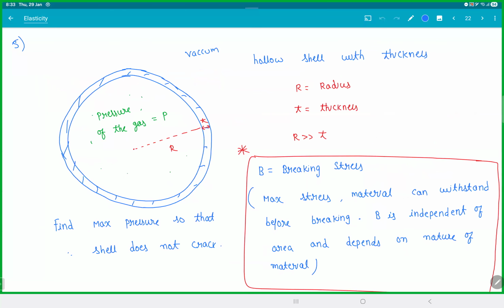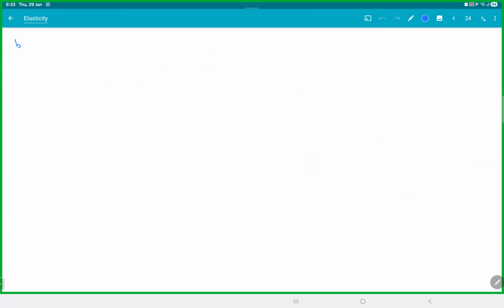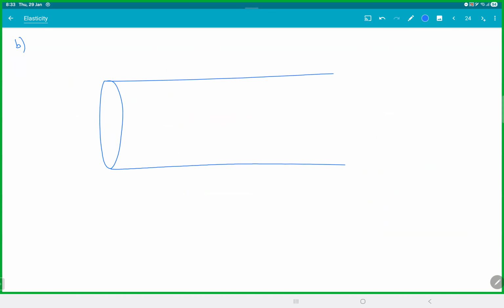Now, same thing, I can have a different version of this. Instead of having a sphere, what if you have a very long cylinder? We have a long cylinder, radius r.